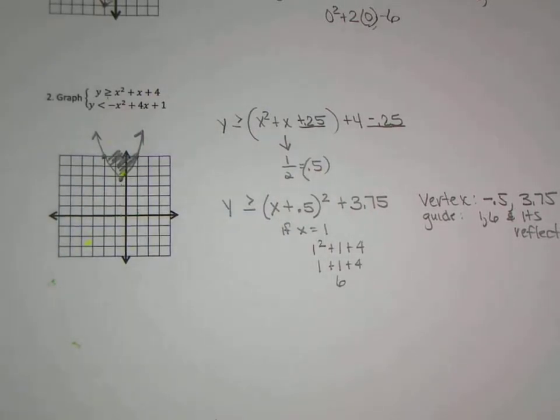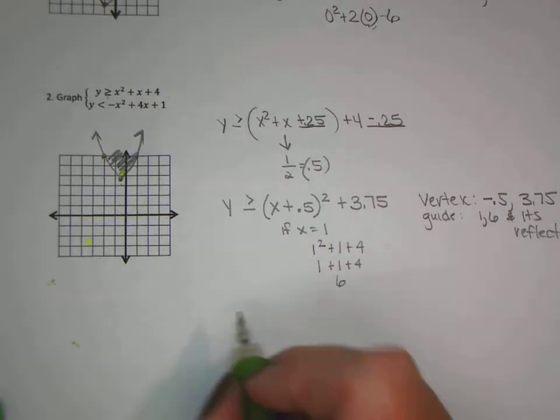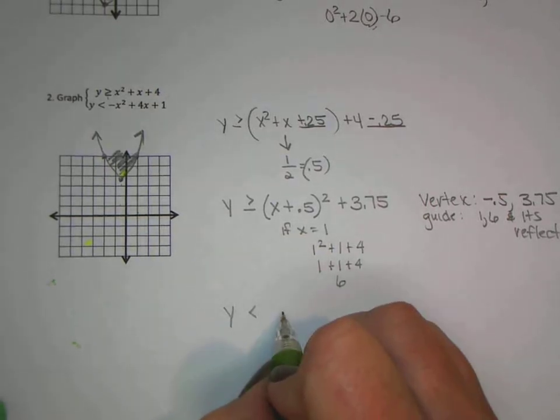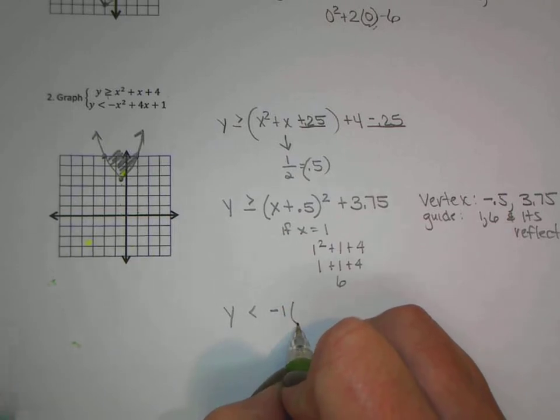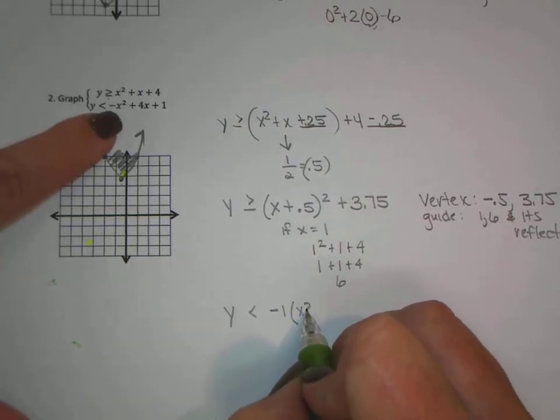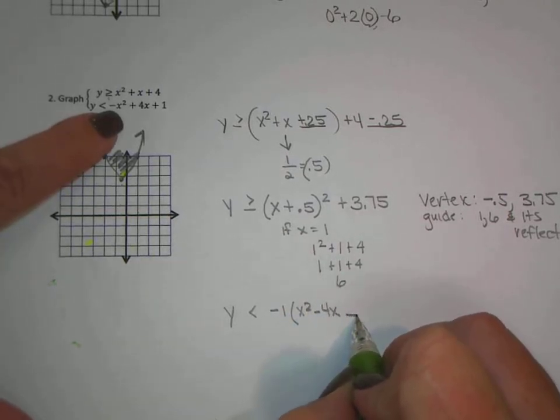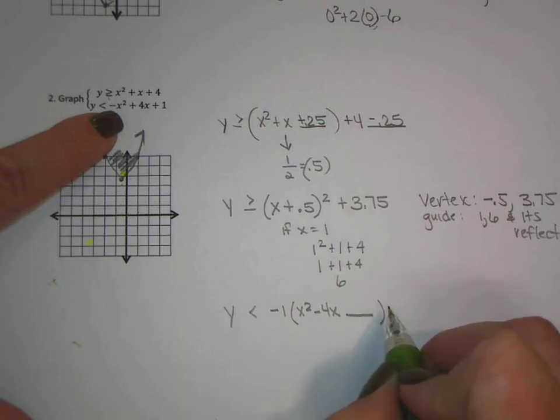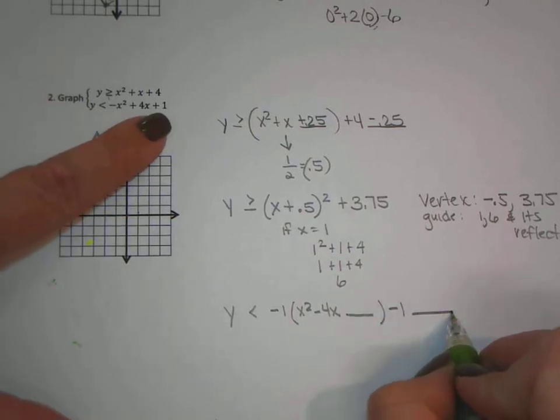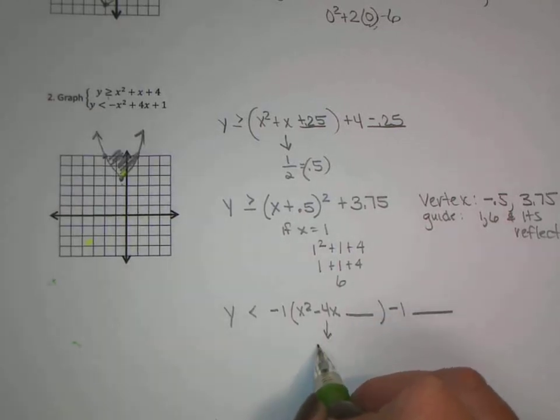Okay. Now go ahead and do the second one, and you would get y is less than, take out the -1, which changes your signs through the whole equation. Bump your answer. Was a +1, now it's a -1. Bring down your -4.